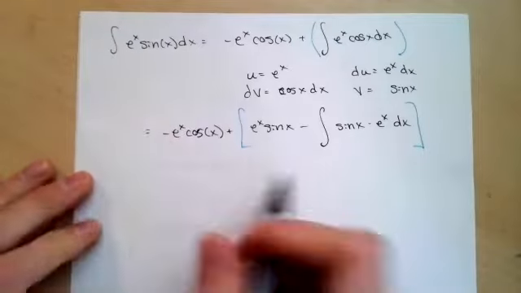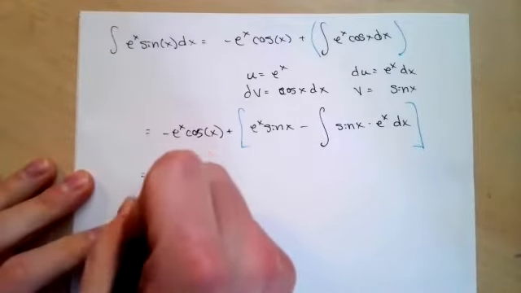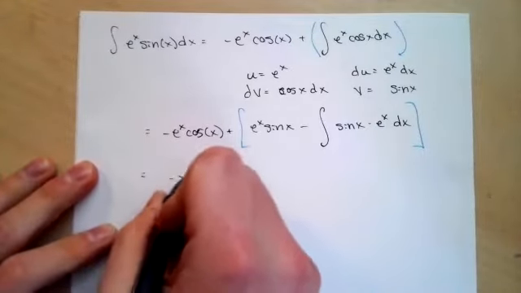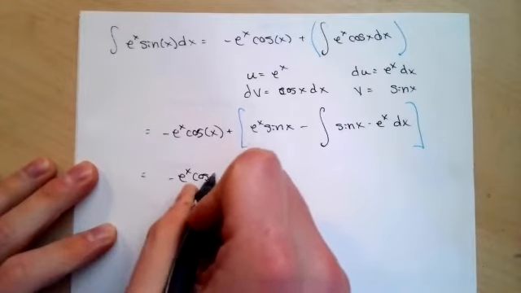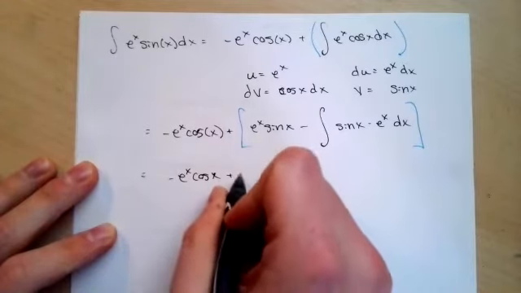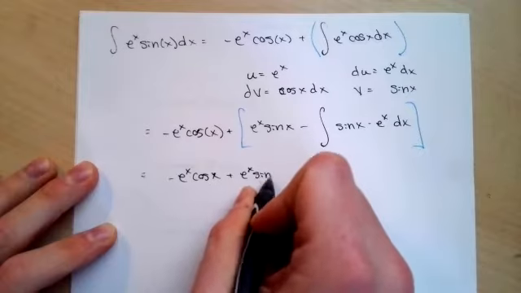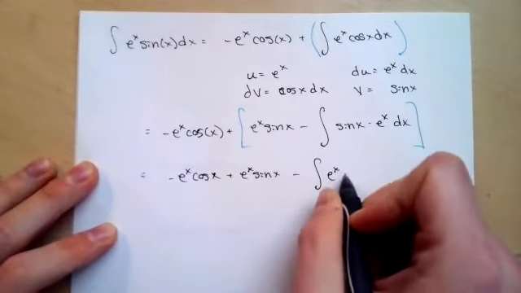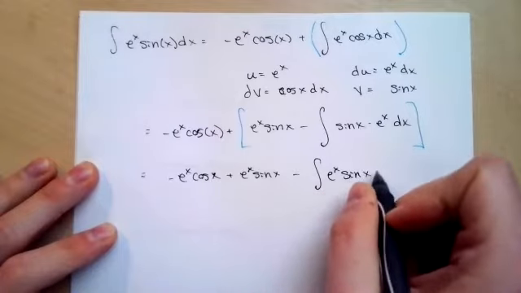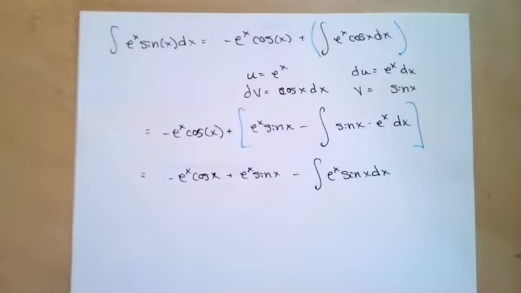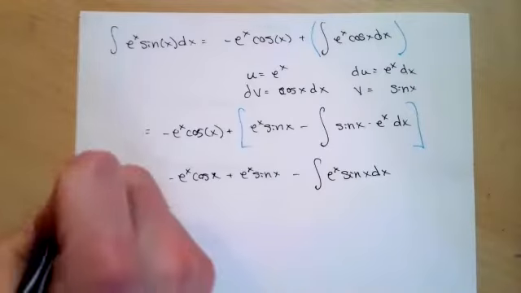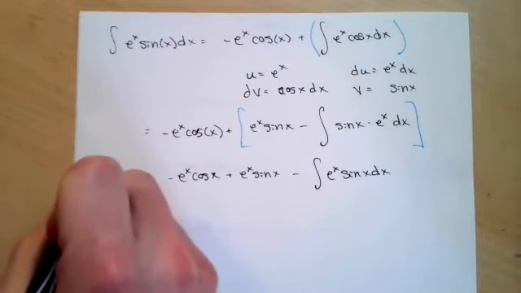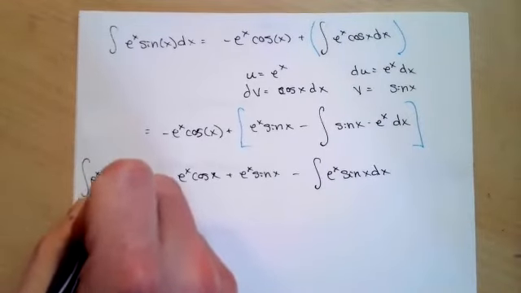So how does this help us? We've got minus e to the x cosine x plus e to the x sine x minus the integral of e to the x sine x dx. We've gotten back to where we started.